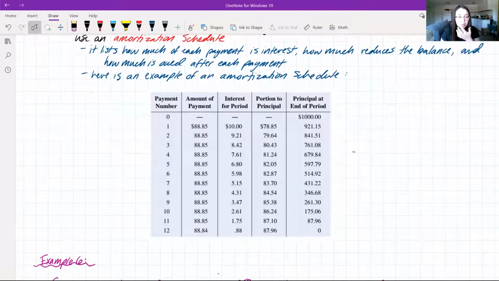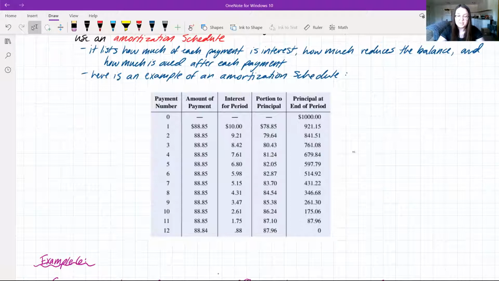We see here that at payment number 0, this is our initial value. So this is going to be our present value. So your initial part here is $1,000. Then we see that our interest rate in this case is just going to be 1%.